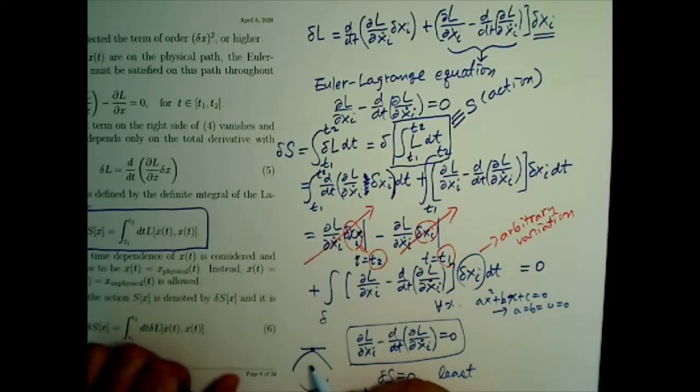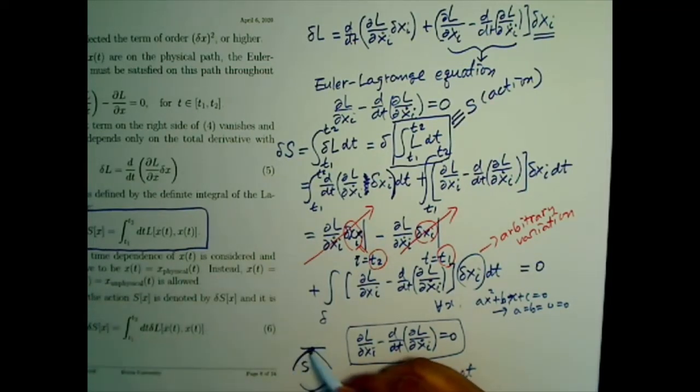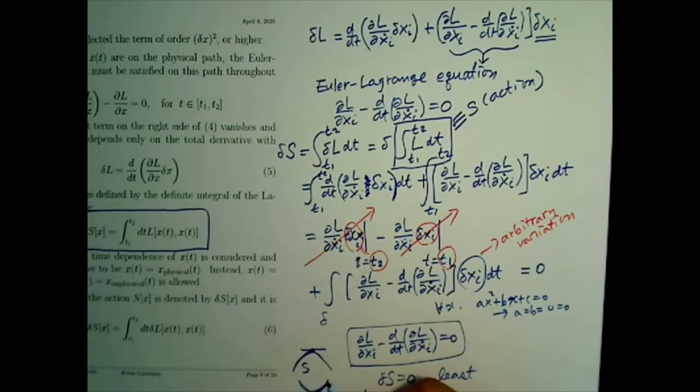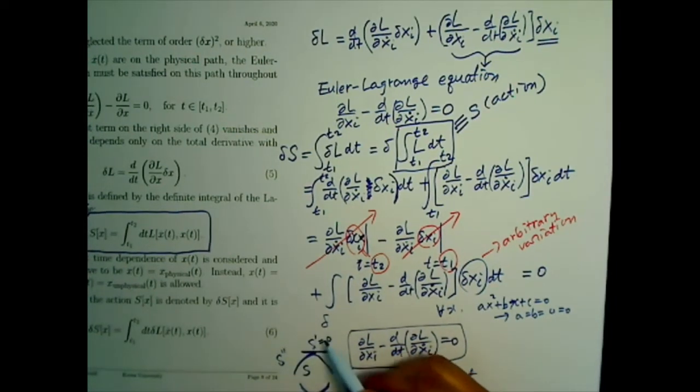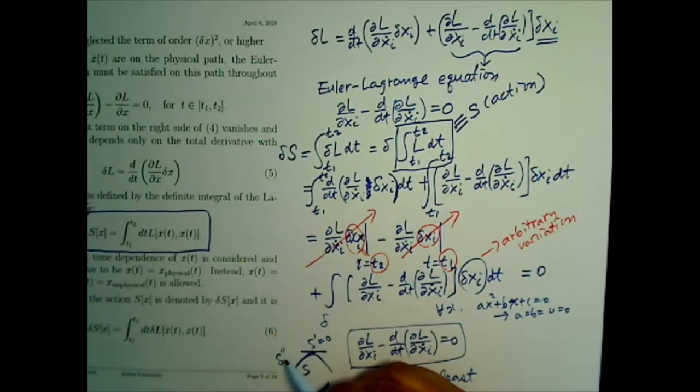If action has some maximum value or minimum value, its derivative should vanish. And this is a double derivative here, which should be decreasing for a maximum. And this is again the double derivative to be increasing for a minimum.